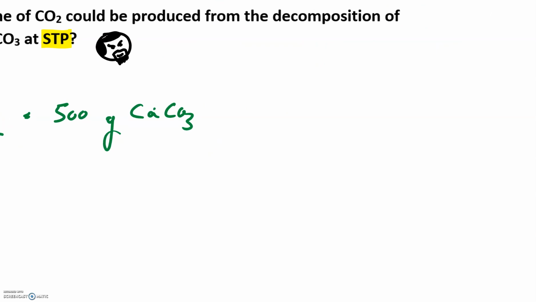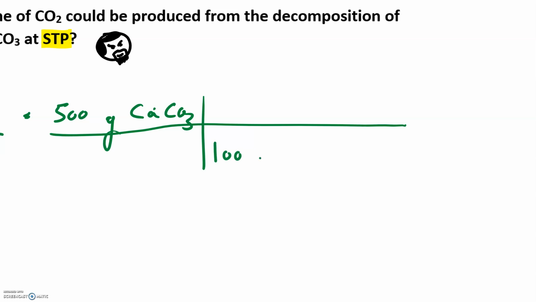Let's get our CaCO3 into moles, and that means that we're going to need molar mass. Calcium being 40 grams, carbon being 12, and oxygen being 48 is exactly 100 grams. So 100 grams of CaCO3 in 1 mole of CaCO3.